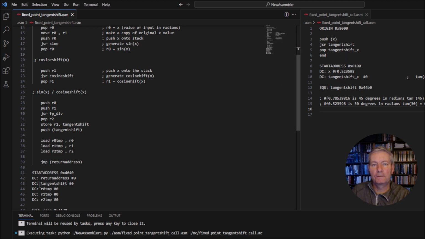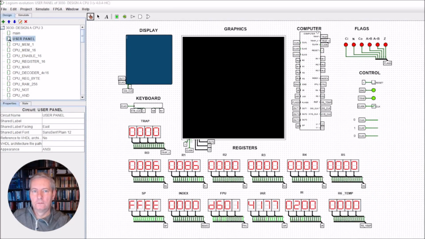So let's see it working. So I have loaded the subroutine into the ROM and the program into the RAM. So we're trying to work out the tangent of 30 degrees. So I will fast forward this and we'll have a look at the actual result.